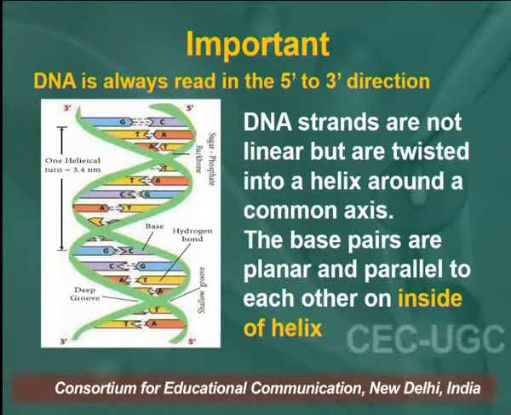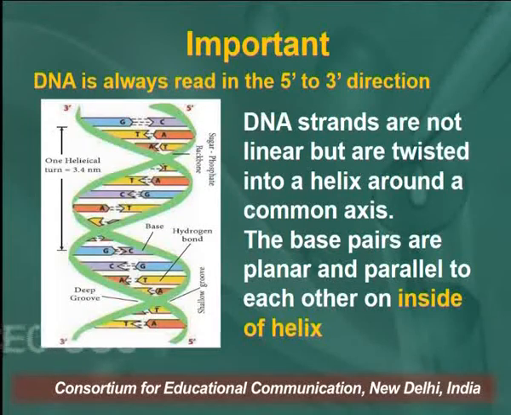Always, when we have to count the base pairing, we read DNA in the 5' to 3' direction. DNA strands are not linear, but are twisted into a helix around a common axis. The base pairs are planar and parallel to each other on the inside of the helix.